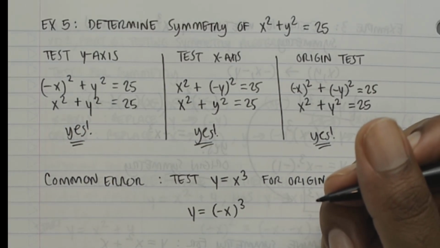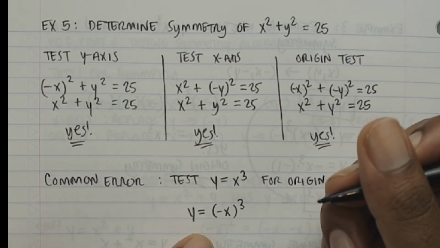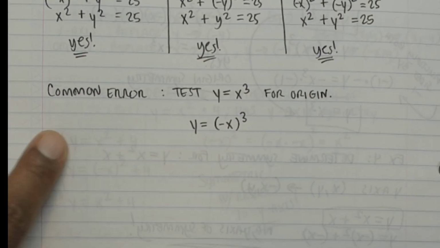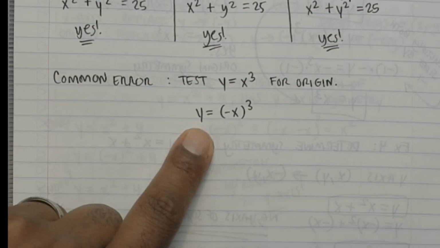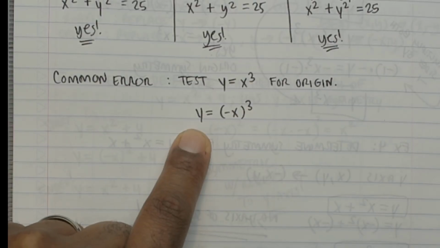Now, if they write this, is this true if they're testing for the origin? What is missing? For origin symmetry, we must replace both variables. So they replaced the x, but they did not replace the y.